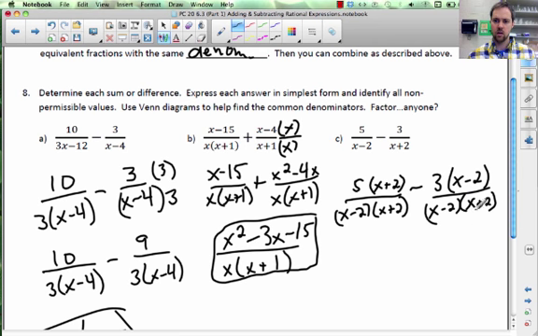Okay, and you notice that our denominators are now common. So this part of it was missing in the first one, this part of it was missing in the second one. And now we can start distributing and group our like terms and simplify.